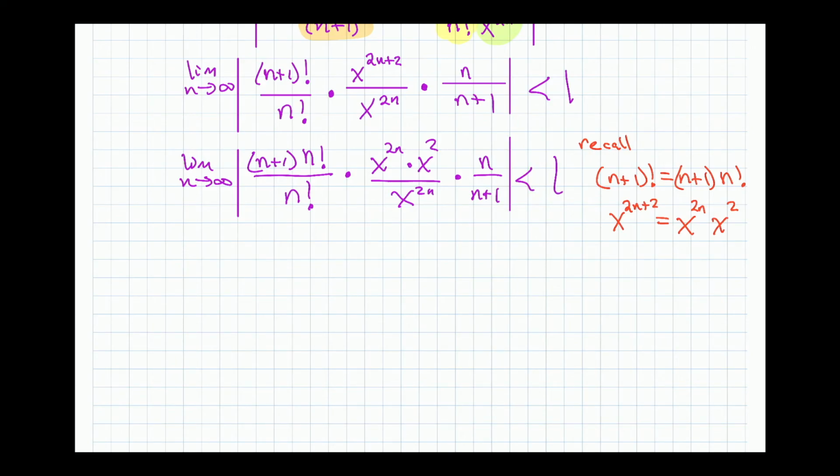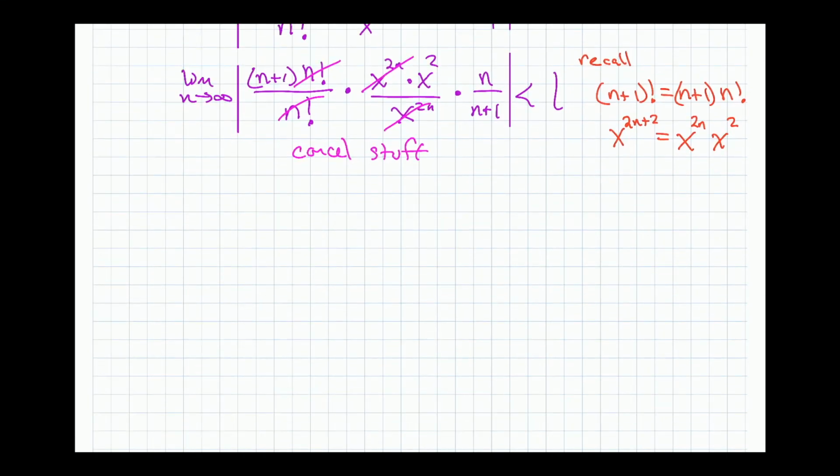Then we simplify by canceling some stuff. What stuff? The n factorial and the x to the 2n. What are we going to get? The limit as n goes to infinity of, from the first fraction, all we have left is an n plus 1. From the second fraction, we have an x squared.